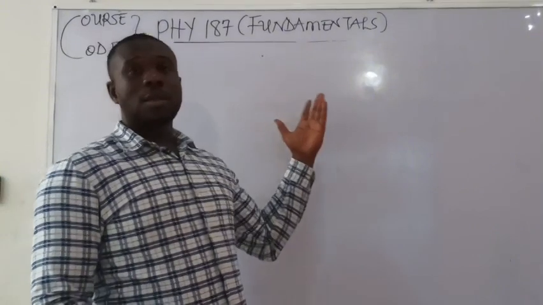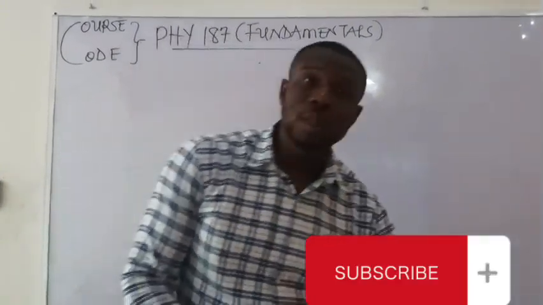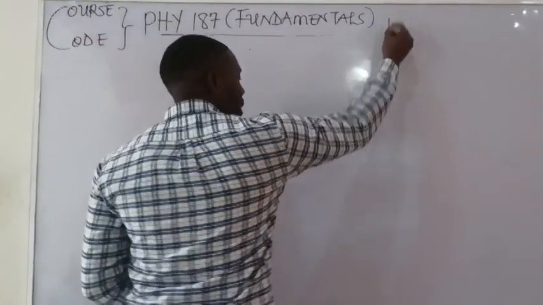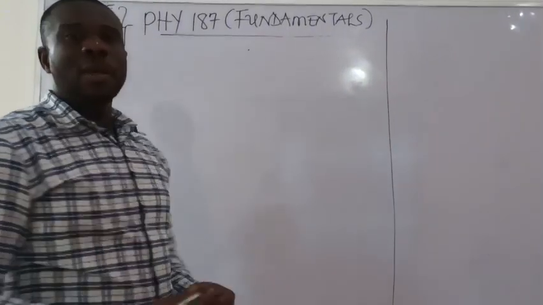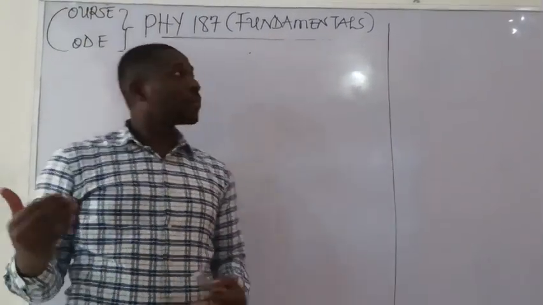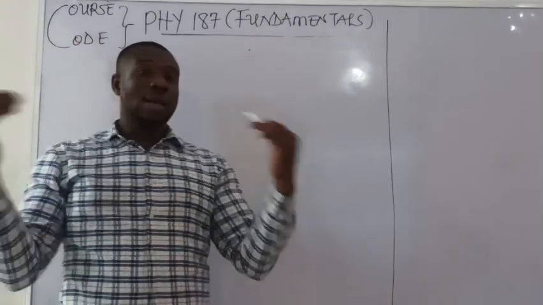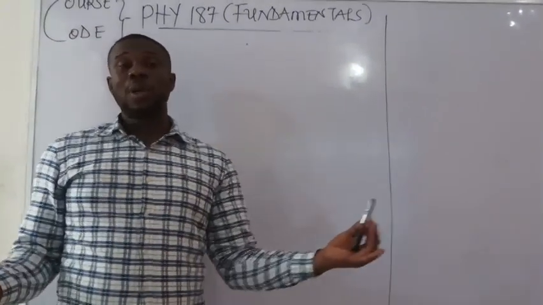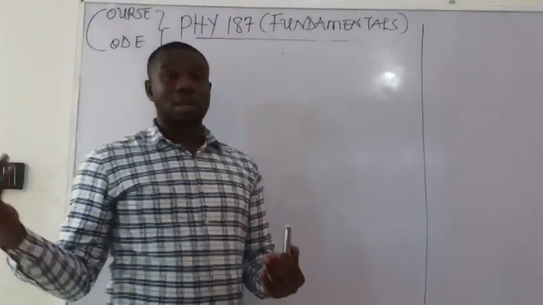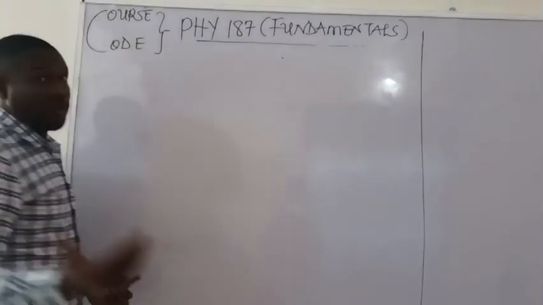This is the second part of the third lecture in dimensional analysis. In the first part, we discussed extensively the interconversion of units, which could be between the English units and the SI units, and vice versa.